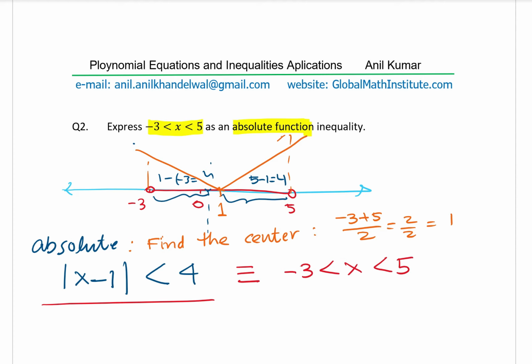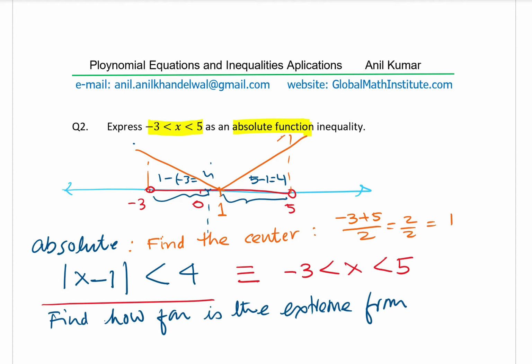So the last step which I did was, let me write down, find how far is the extreme from center, right? So that becomes your inequality. So that is your answer.